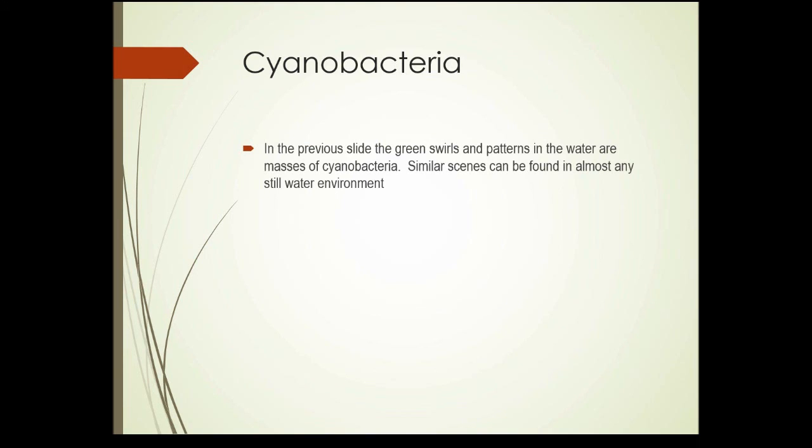Similar scenes to that can be found in almost any still water environment, stagnant, still water that doesn't flow and isn't subject to a great amount of wave action. Cyanobacteria thrive in situations like that.